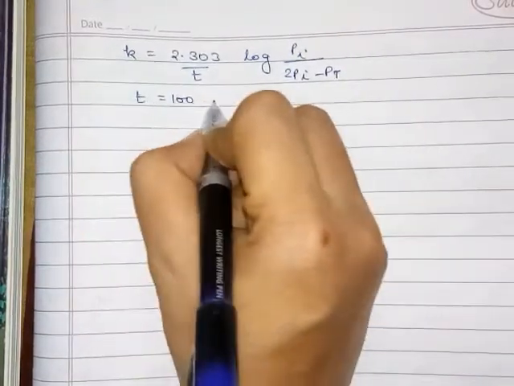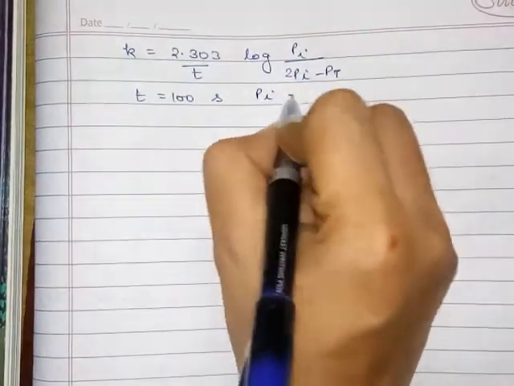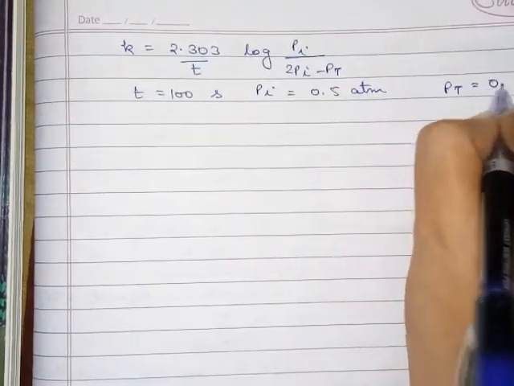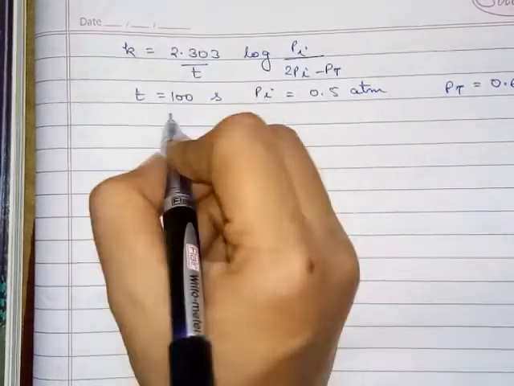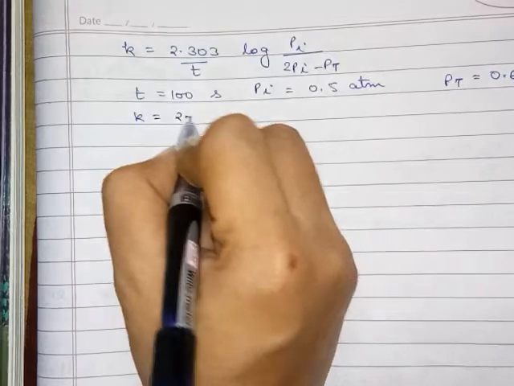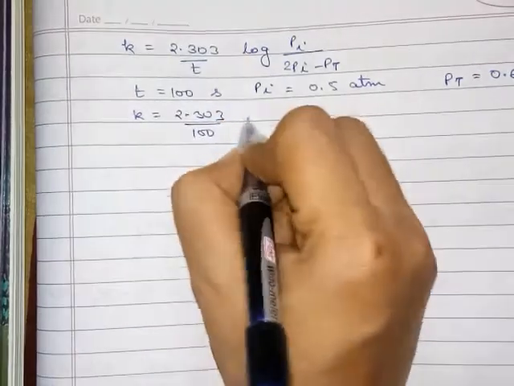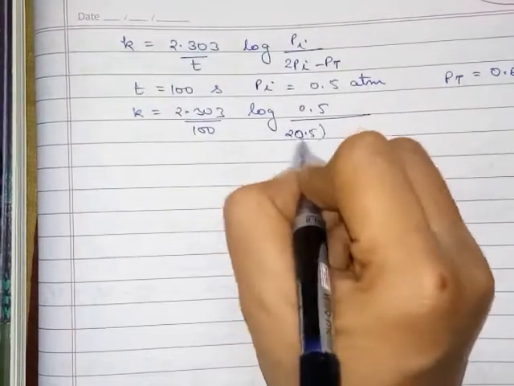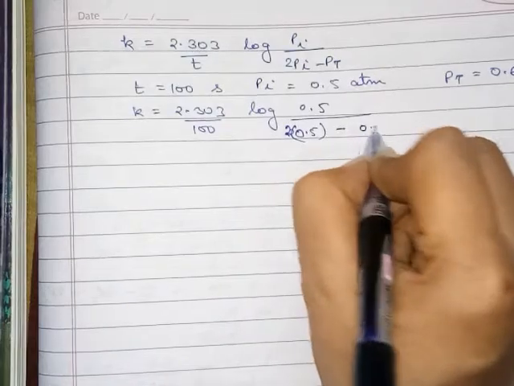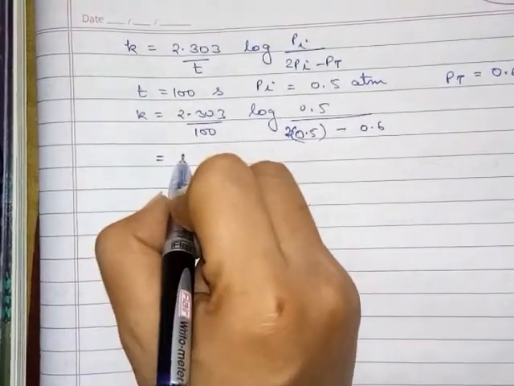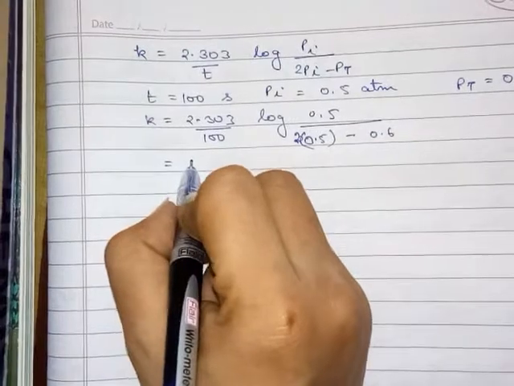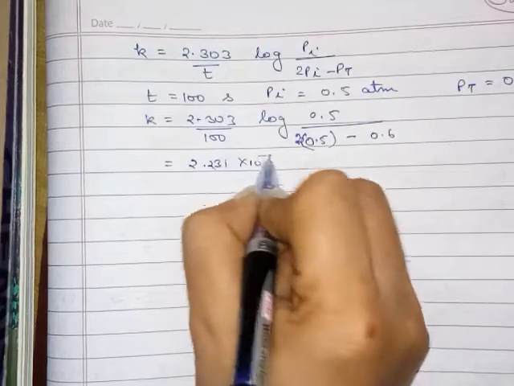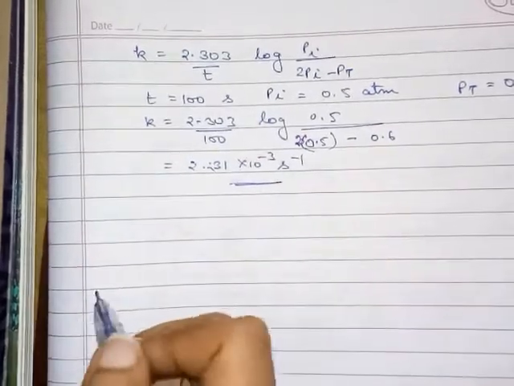Time is 100 second. Pi is 0.5 atm. Pt is 0.6 atm. So K is equal to 2.303 by 100 log 0.5 divided by 2 times of 0.5 minus 0.6. So simplification when you do, you will get this as 2.231 × 10 to the power minus 3 second inverse.